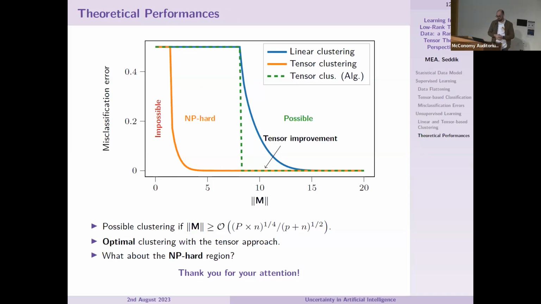Specifically, we have this diagram here, which shows misclassification error for both approaches in terms of the distance between the clusters, and we see that at some point we can retrieve the signal from our data in polynomial time. So there is a region where it's possible to recover the signal, and there is some region where it's NP-hard, and below some threshold, it's impossible to recover the signal.